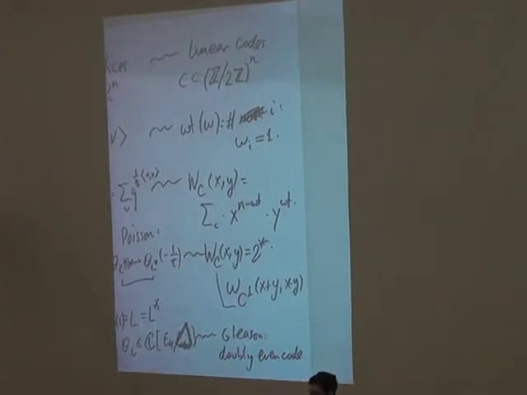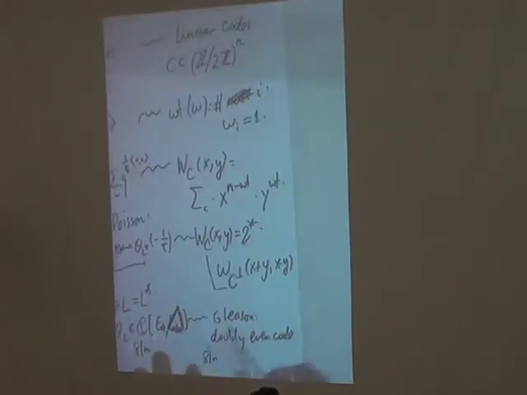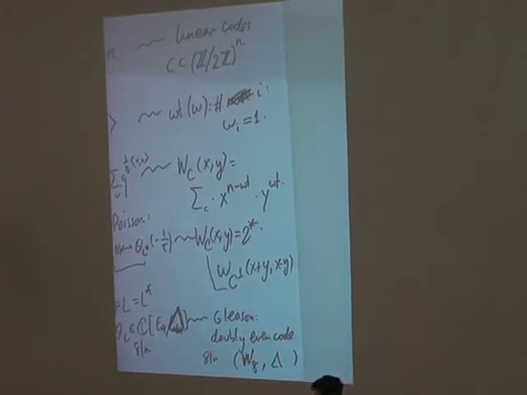Doubly even means all the weights are multiples of 4, and just as this required 8 to be a multiple of n, 8 has to be a multiple of n here also, and then the weight enumerator is a polynomial in two basic generators, one being the weight enumerator of the shortest possible of these self-dual doubly even codes, which is the Hamming code, and the second being something of degree 24 that corresponds in some sense to the delta function. In fact, corresponds quite strongly if you believe in construction A, etc.